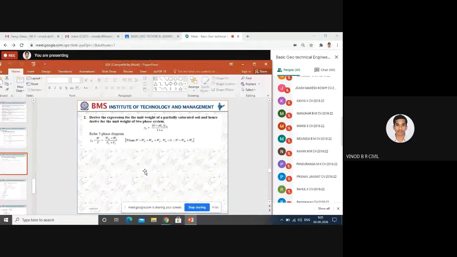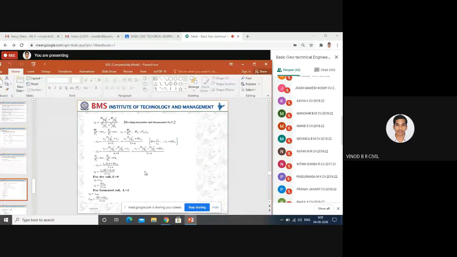Volume of soil divided by volume of soil cancels. Volume of voids divided by volume of soil we call the void ratio e. Weight of soil divided by volume of soil we call the unit weight of soil, gamma S. Weight of water divided by volume of water we call gamma W, the unit weight of water.